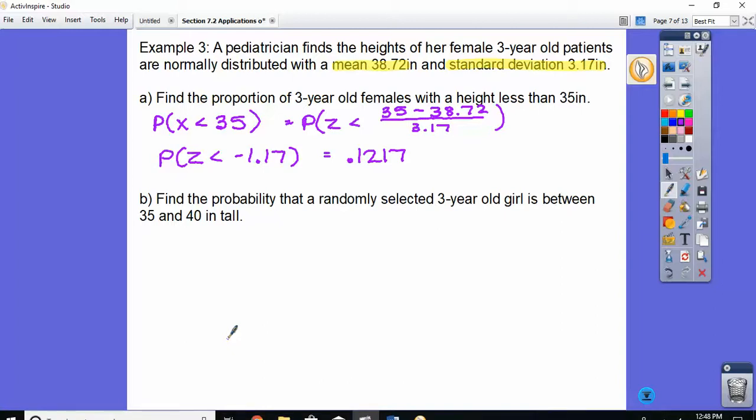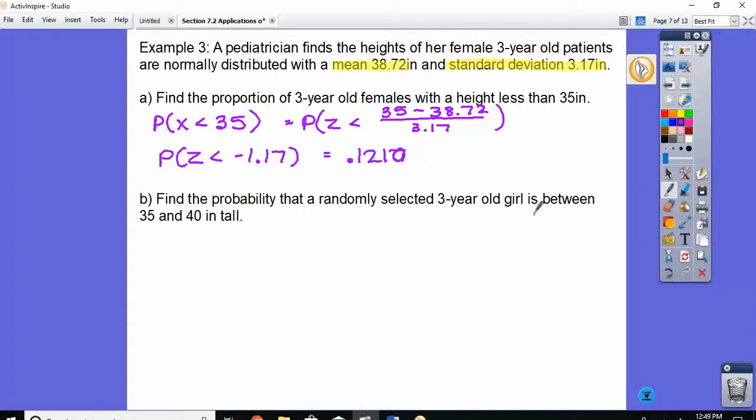It's a 0.1210. Oh, thank you. Not sure where I got the 7 from. Is that one all right? Do we need to know how to find these without the chart? No.